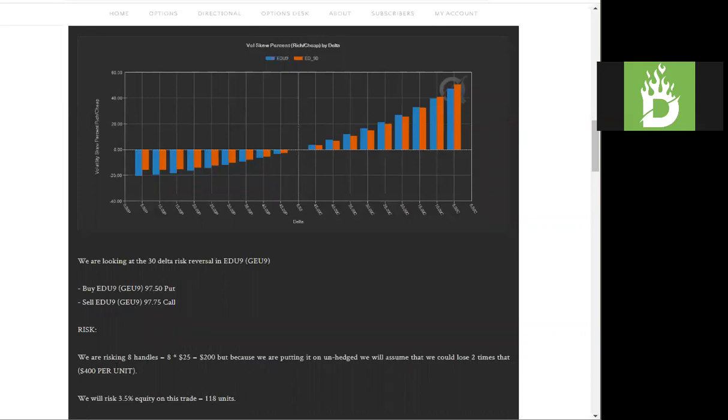Now, the risk we originally went for was 200. Those who remember will recall the euro dollars suddenly went parabolic. Now, what's common, and what we should have done, was make this a delta neutral risk reversal. But I was trying to play a little bit directional and a little bit of skew at the same time. And so I'm obviously playing the fact that the puts are undervalued and the calls are overvalued, and also that I think we could start to see some downside here.